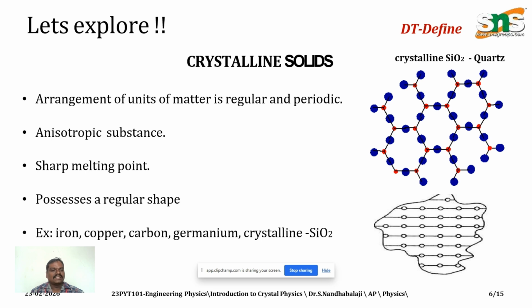They are anisotropic, have a sharp melting point, and possess a regular shape. Examples are iron, copper, carbon, germanium, and crystalline SiO2. These are the crystalline solids.